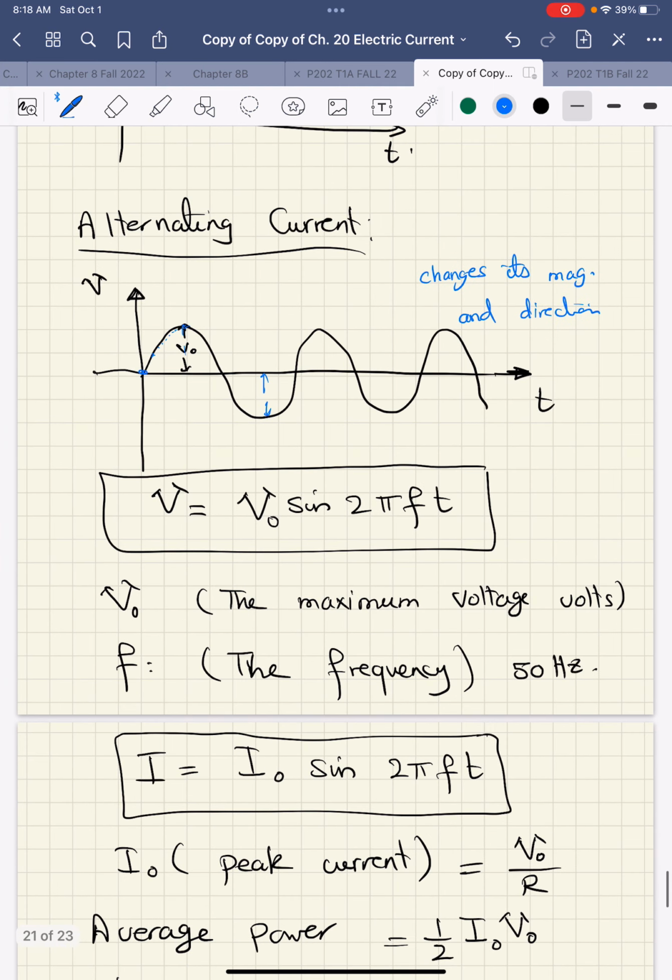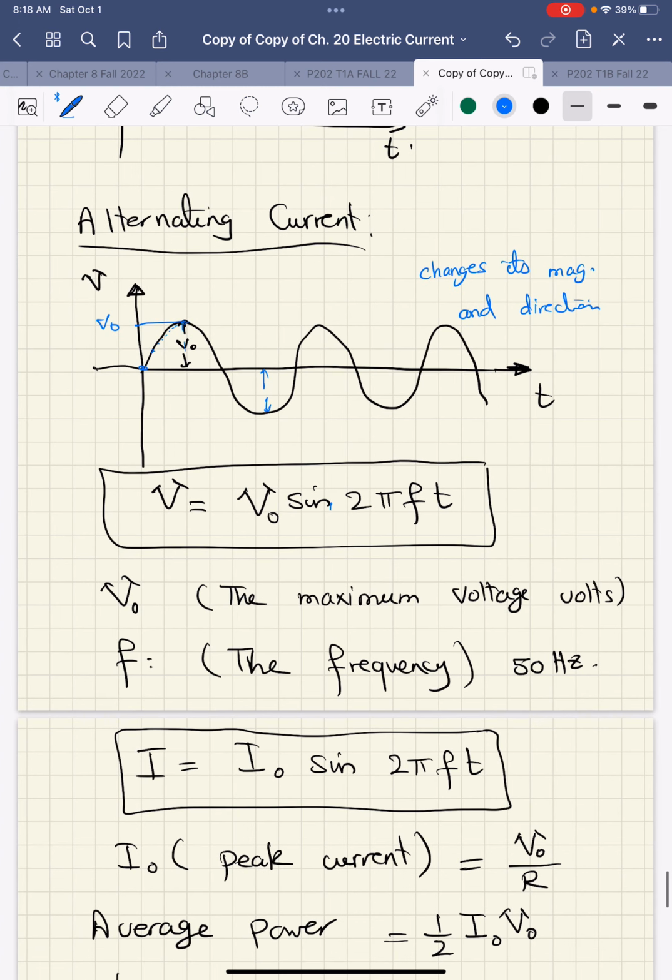Actually, the dependence of the voltage is sinusoidal, which is V equals V0 sine 2 pi f times t. V0 here is this value, which is the maximum. And 2 pi f, f is the frequency.